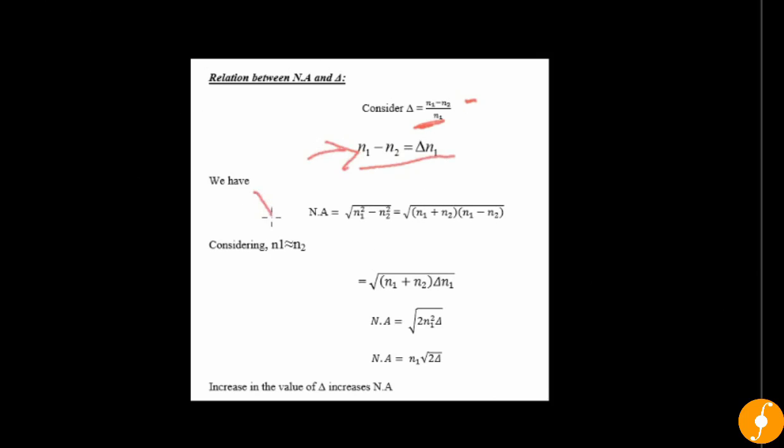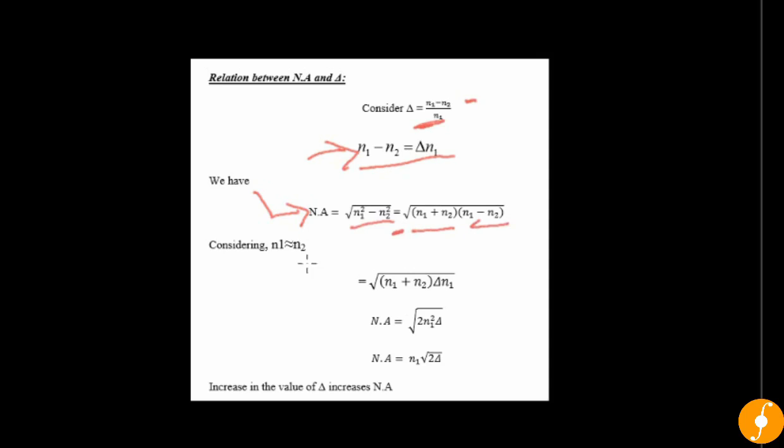Now we know that the formula for numerical aperture is square root of n1 square minus n2 square. We can use the formula of a square minus b square to open this, and we'll get a plus b, a minus b, which is n1 plus n2, n1 minus n2.